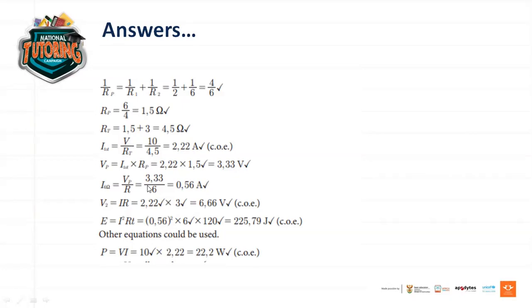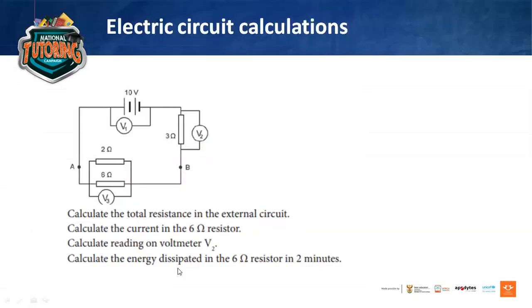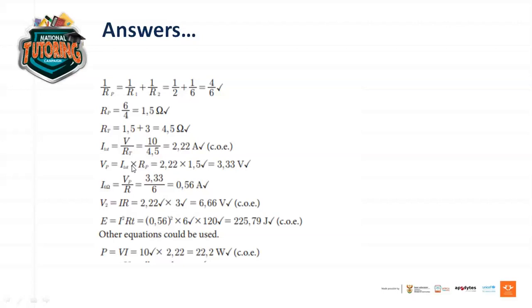That would give us 22.2 watts. You use the total voltage over here. That's where the 10 volts come from. You don't use a parallel. So this is the power dissipated there. So you see the answers must be the same for it to be true.